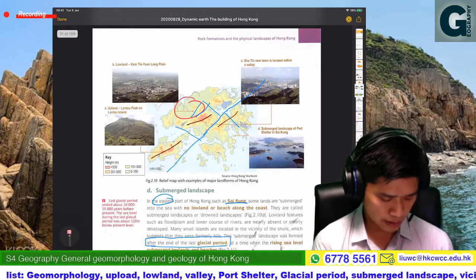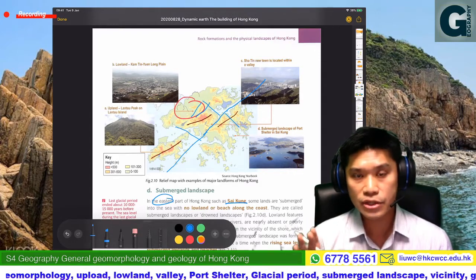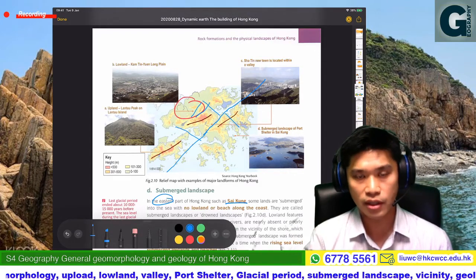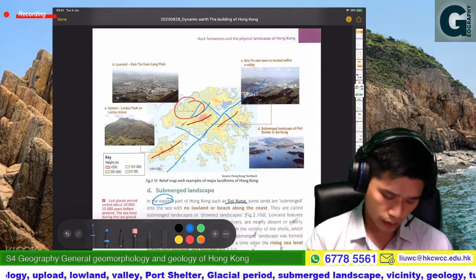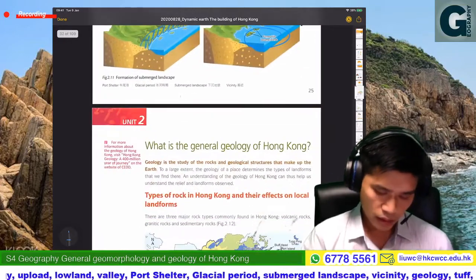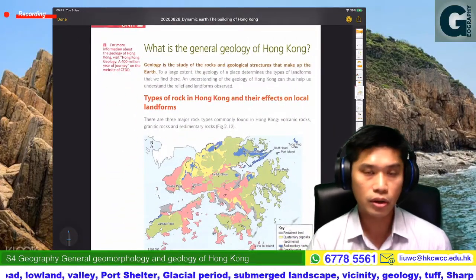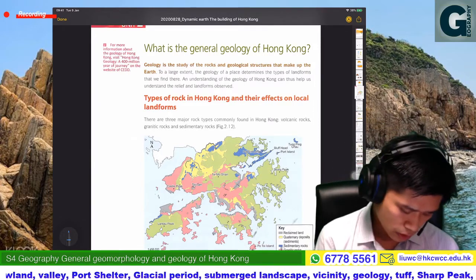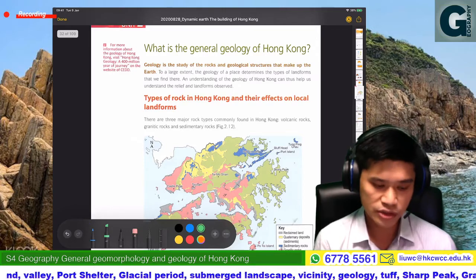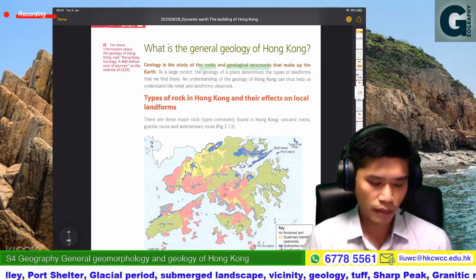Okay, so therefore that would be the major geomorphology of Hong Kong. 香港嘅地形大約會係咁樣啦。Okay, then next, what would be the general geology of Hong Kong? 香港嘅地質又係點樣呢？Okay, so geology actually is the study of the rock and the geological structure that make up the earth.